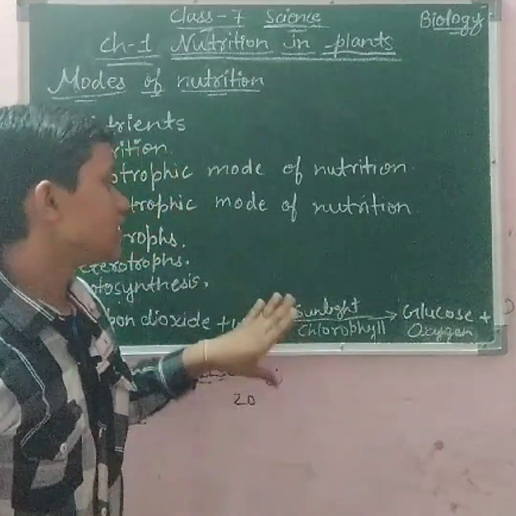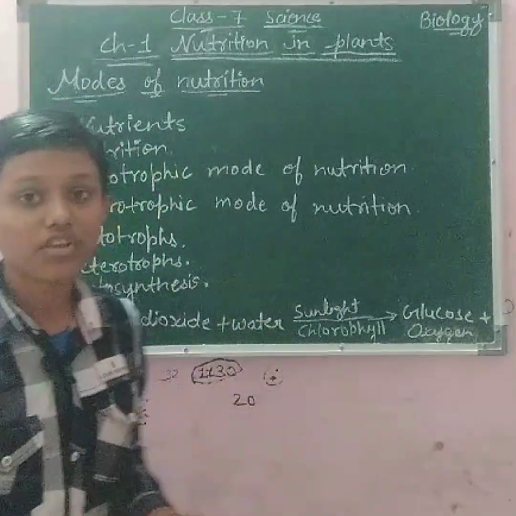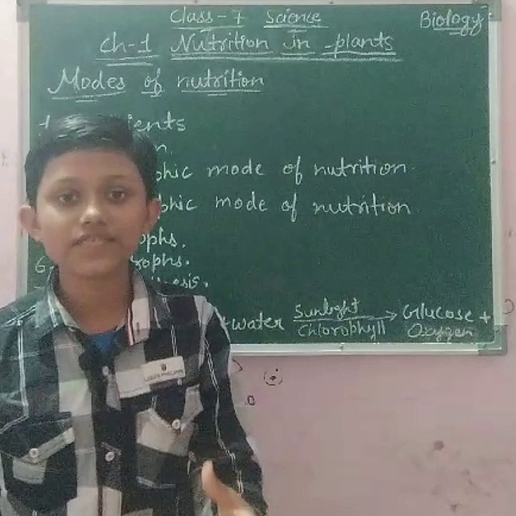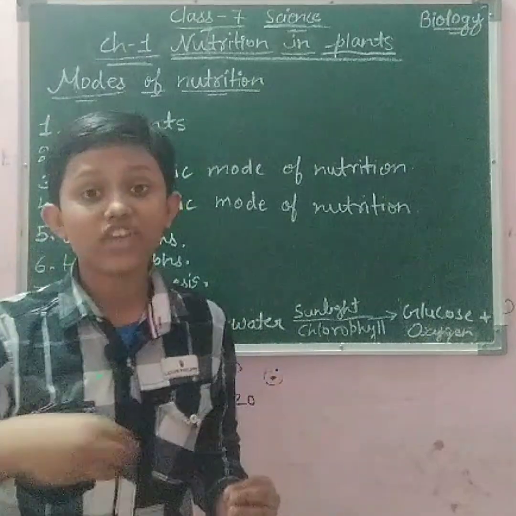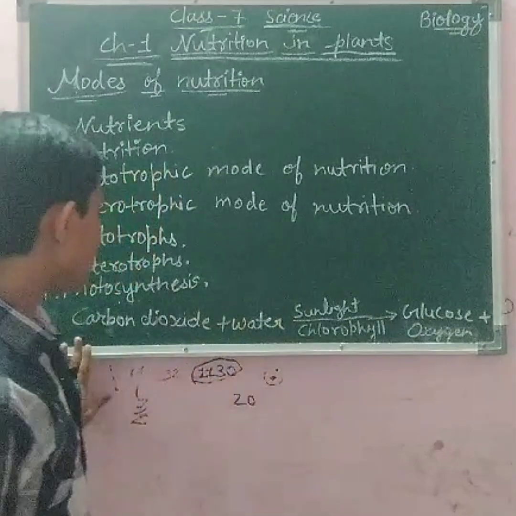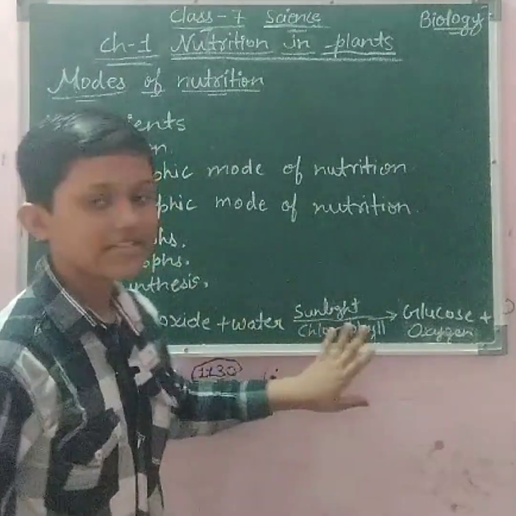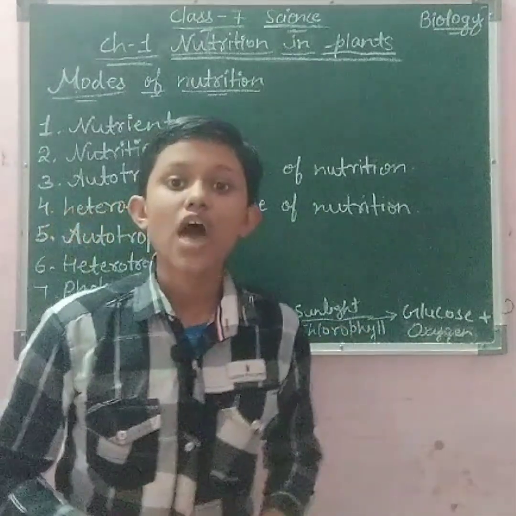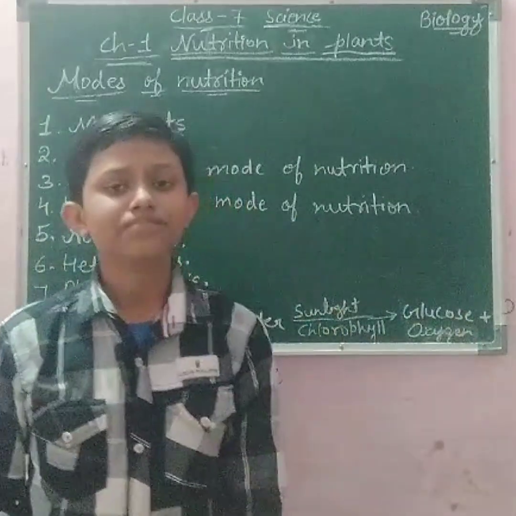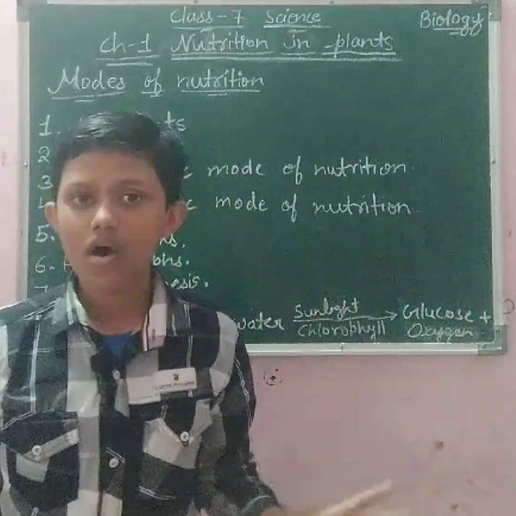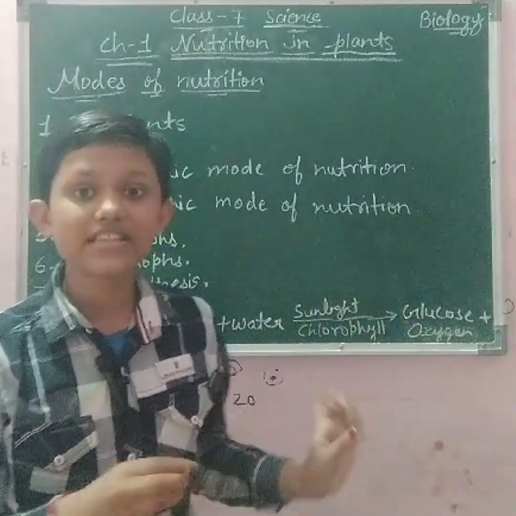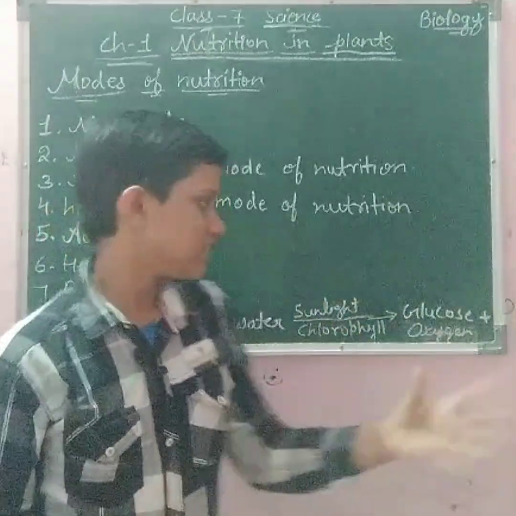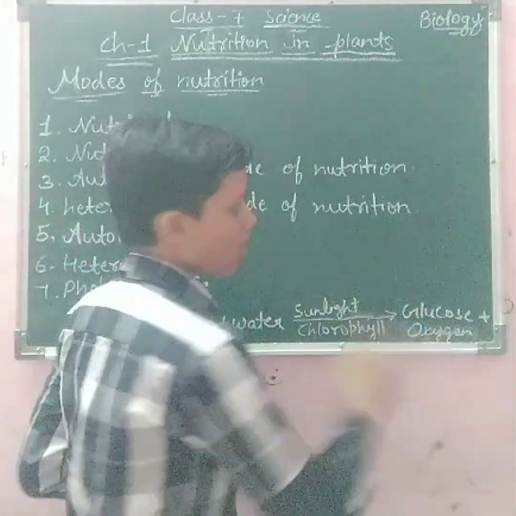They also use sunlight for making their food, and chlorophyll is present in their leaves, because chlorophyll gives the green color to the leaves. So they use carbon dioxide, water, sunlight and chlorophyll. After all these substances are processed, in the end they get glucose and oxygen.